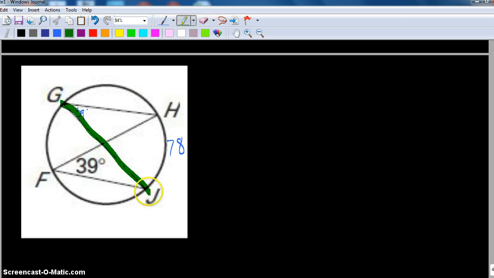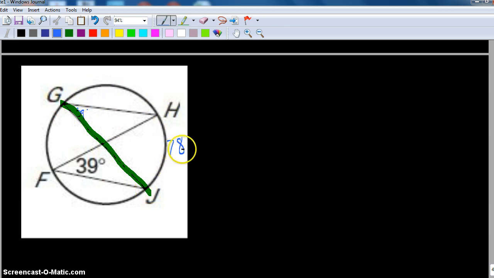Why do we care about diameters? Because they cut the circle in half. So we look at it like this. From here to here is 78. How do you figure out how much G to H is? Well, if that is cutting the circle in half, all of this should be 180.